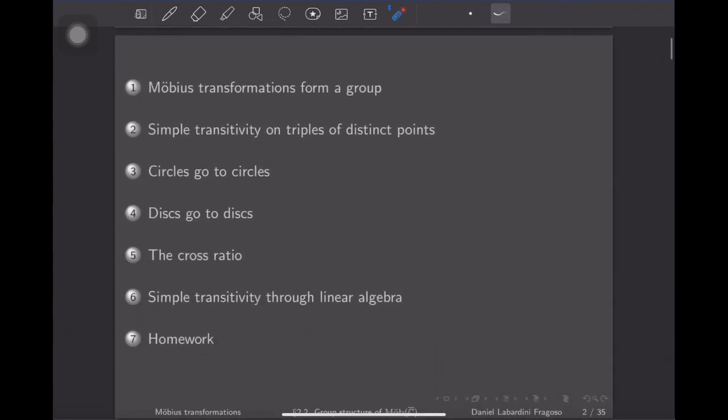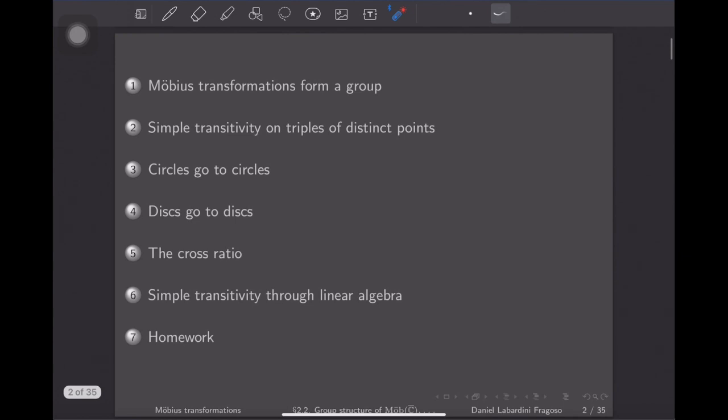It should be expected that if the Möbius transformations of C bar are really defined by simply taking the normal forms of the one-dimensional vector subspaces and just writing the formula with respect to these normal forms, this is really going to be a group isomorphic to the original one. Essentially the same group. I mean, in particular, a group. So that's what I'm going to start with.